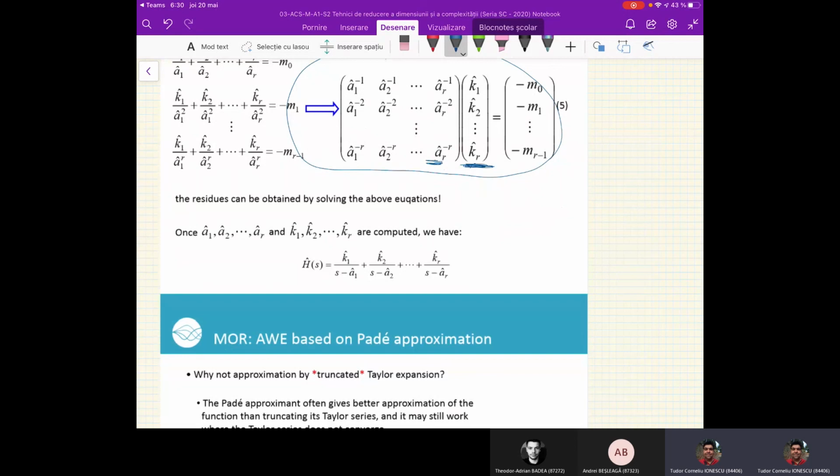So the residues can be easily obtained solving the above equations. Once this is computed, you can easily get this canonical form of your reduced order models.